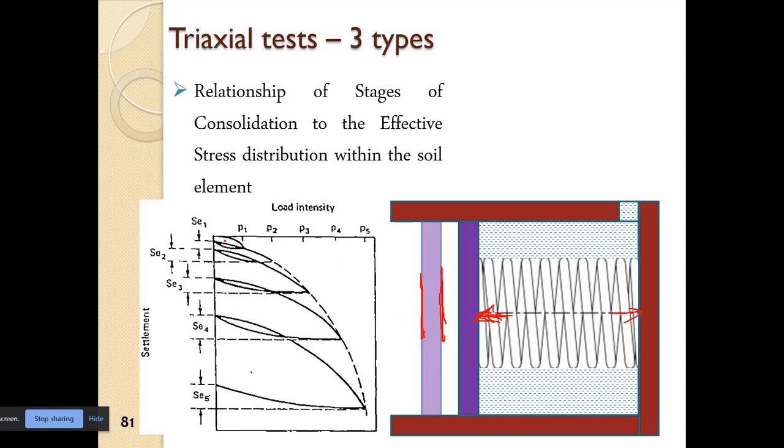So when we load the soil, suppose to this point here, we have this amount of displacement, this amount of settlement. Now when we release the load, we have this amount of expansion. In case of a spring, it would have been up to the original position, but that is the difference.